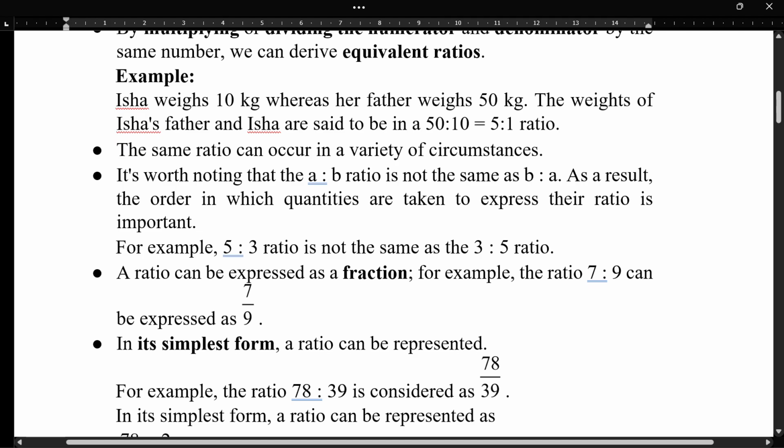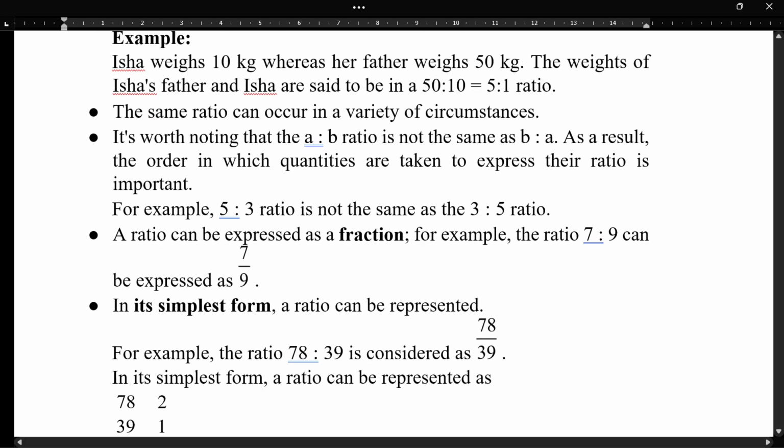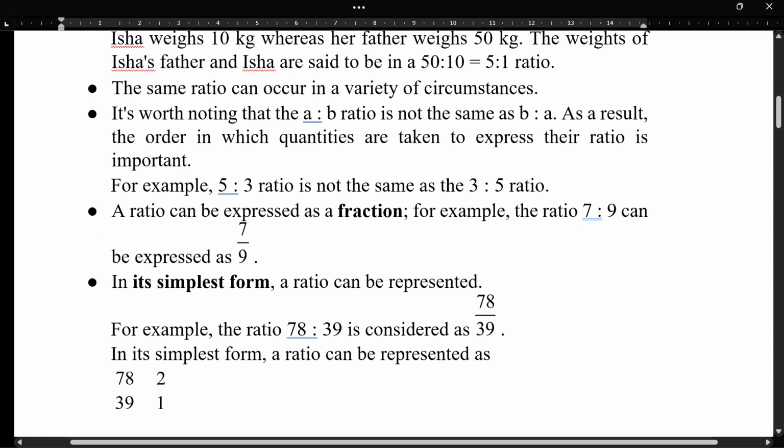A ratio can be expressed as a fraction also. If we write any ratio like 7 ratio 9, we can express it as 7 upon 9 also. In a fraction, we write the first as the numerator and the second one as the denominator.